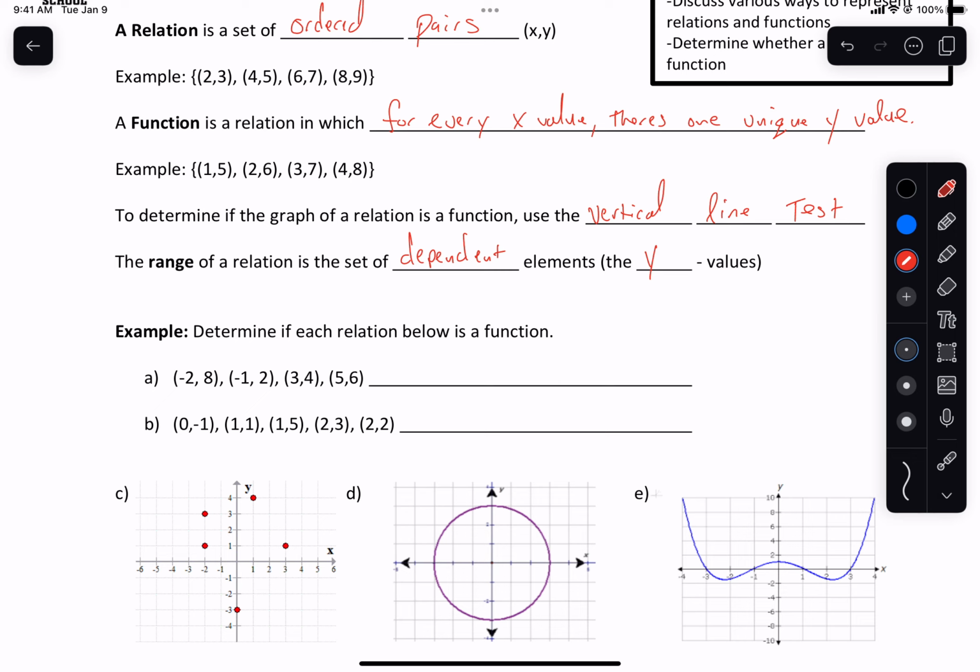Yes, it does. The other clue, again, as I alluded to, is that I don't see any repeated x values. So that's a clue that it could be a function. If you don't have any repeated x values, there's no way for there to be different y's associated with one x value, right? So this one's a function.